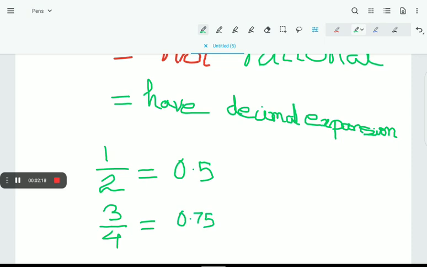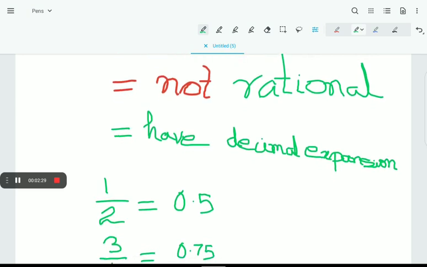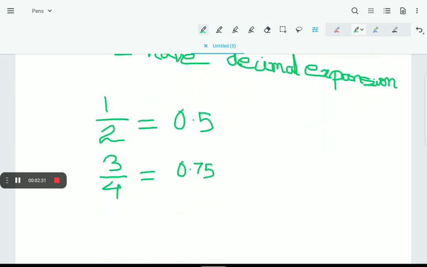Oh, they have decimal expansion. Okay, so what are those numbers? Once again, irrational numbers are numbers that are not rational. That means they cannot be written in the form p by q, but they have decimal expansion.